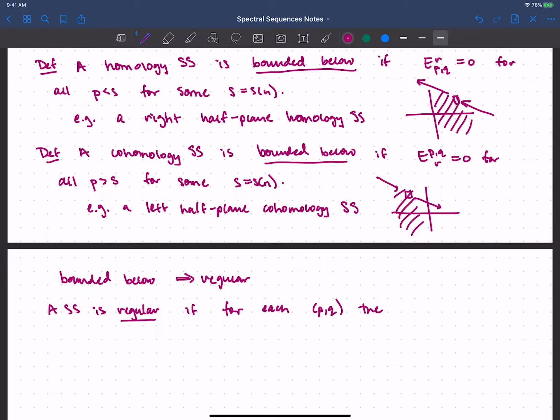The whole advantage is that the differentials out of that spot are eventually 0. So the differentials out are eventually all 0, right? Eventually you get to some vanishing region. And certainly we can see that in these special cases of bounded below, say a right half-plane homology spectral sequence or a left half-plane cohomology spectral sequence.